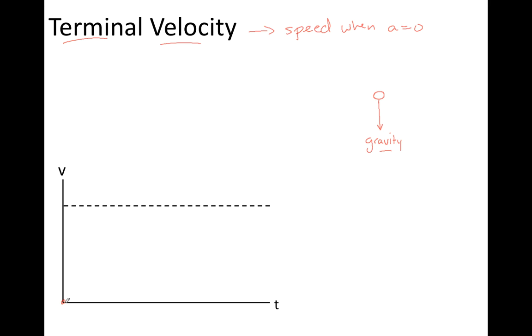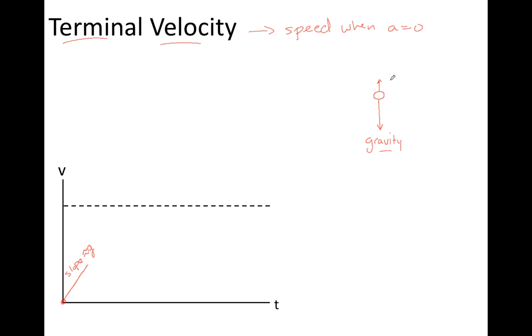So when we drop it, it will start to speed up and its speed will increase, and the slope of this graph, remember the slope is the acceleration, will be approximately g when it starts. But as it starts speeding up, then there's going to be a drag force.